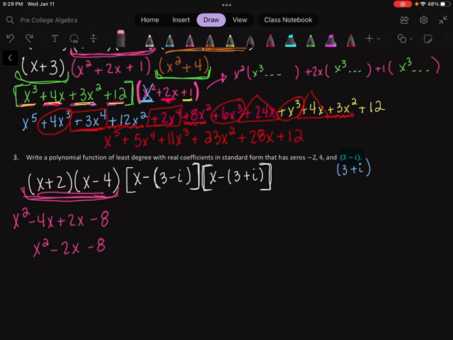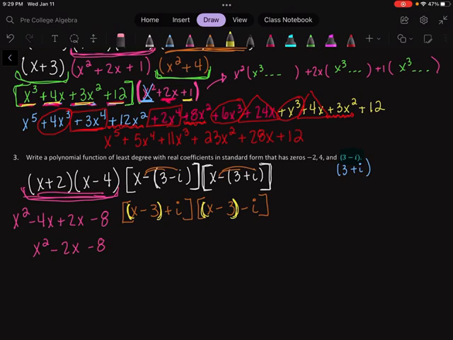Okay, so how do I go about simplifying this stuff? We're going to distribute the negative inside, and we'll see something that comes out kind of nice. This is x minus 3 plus i. And then this is x minus 3 minus i. Well, what if I put some parentheses around these guys?